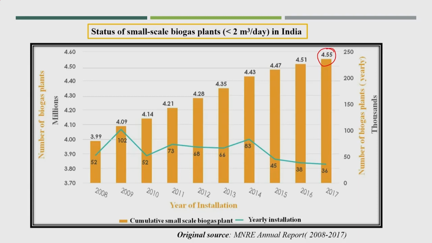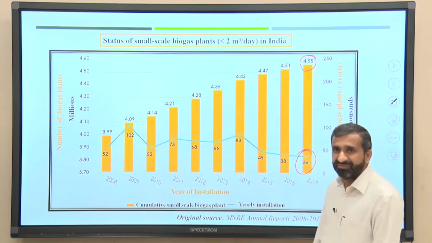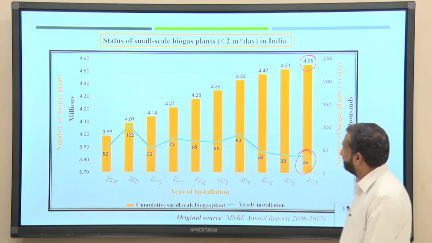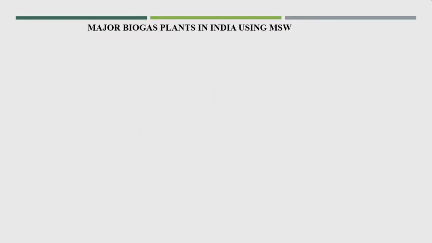Earlier it was a large number, now in 2017 only 36. I think it again depends upon how much data is available or how much data is documented. This data we got from the Indian Biogas Association.